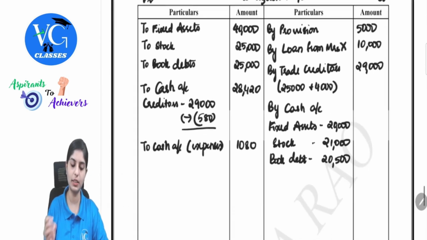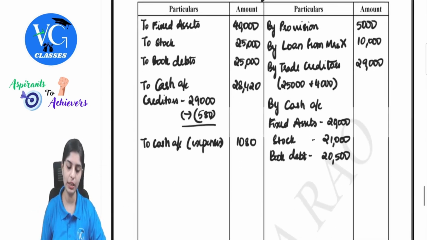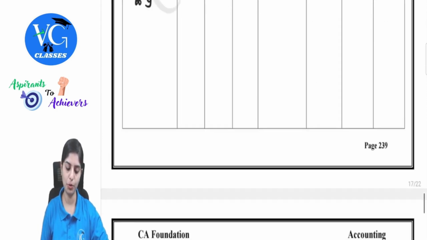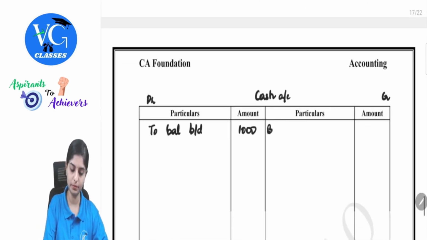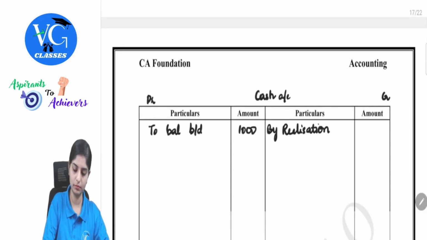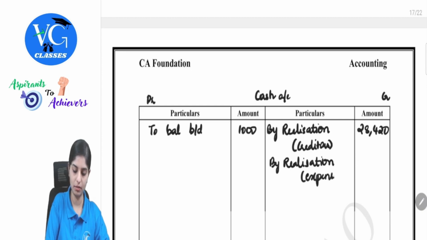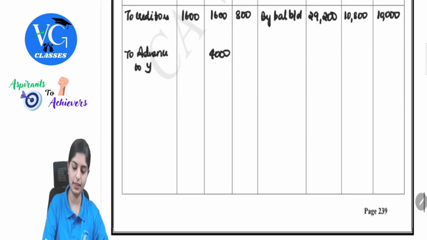First, we will transfer the same impacts in the cash account. Realization to cash 28,420. This is with respect to creditors. Then by realization with expenses, this is 1,080.